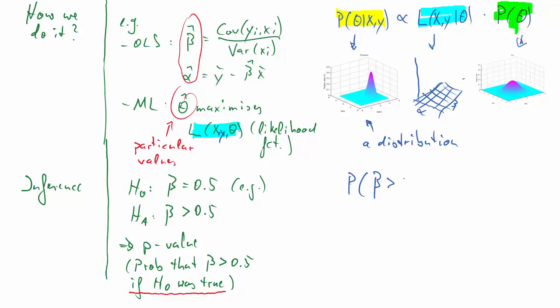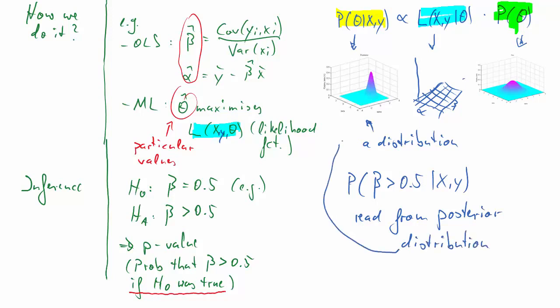Now, wouldn't we much rather just have something like what's the probability that beta is larger than 0.5 without having to make an assumption about a particular hypothesis? A Bayesian can read such a probability straight from the posterior distribution. That's extremely convenient, and it makes more sense.